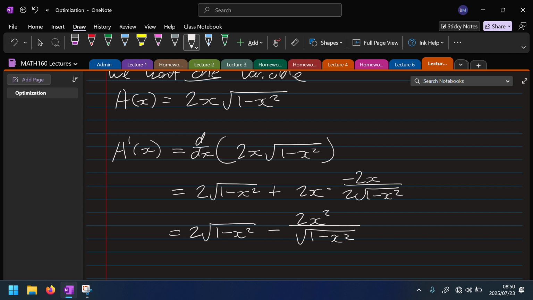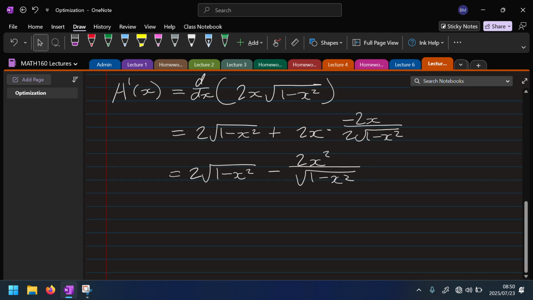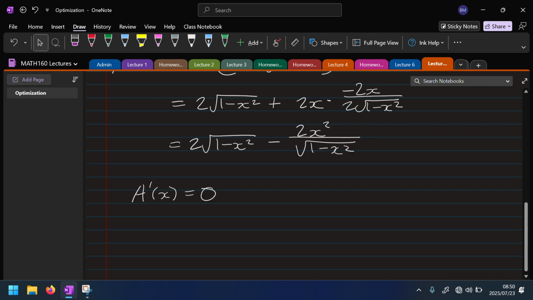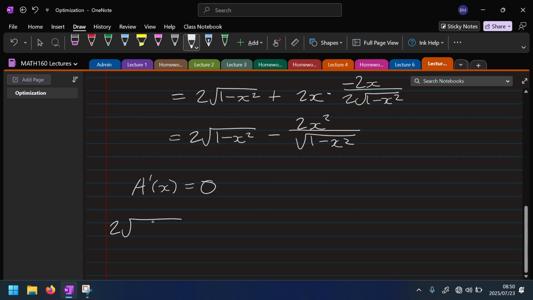Now, next step, we take the derivative, we set it equal to 0, and we solve for x. So we're going to have 2 root 1 minus x squared minus 2x squared over root 1 minus x squared is equal to 0.